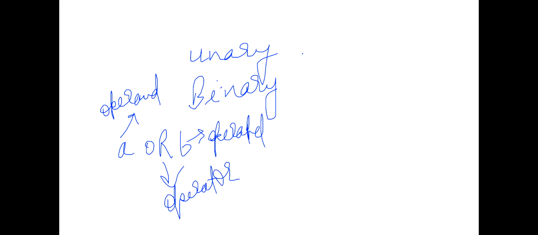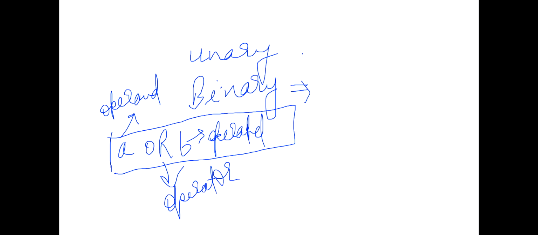Usually when we do a bitwise operation, we do it on a binary operator. Binary means 2, let's say A and B. One operand will be on the left, the other operand on the right, and there will be some operator in between, like or, and, not, XOR, or something else.